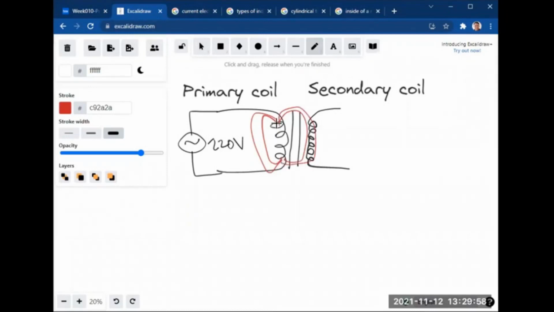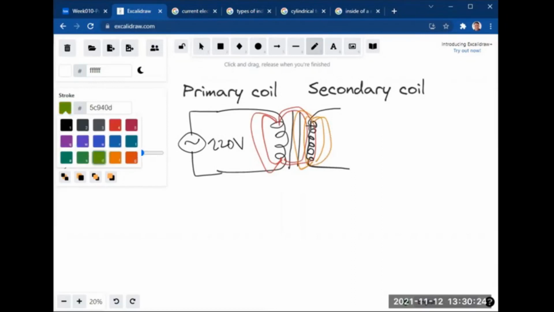As we mentioned earlier, the power that is being stored in the inductor is in the form of magnetic fields. So the secondary coil will be affected by these magnetic fields. And since these magnetic fields will affect the secondary coil, it will create its own magnetic fields in response, and there will be current flowing in our secondary coil.